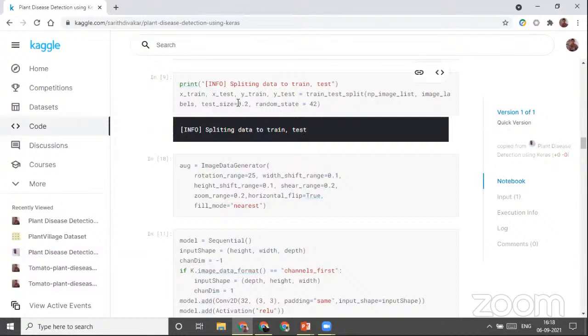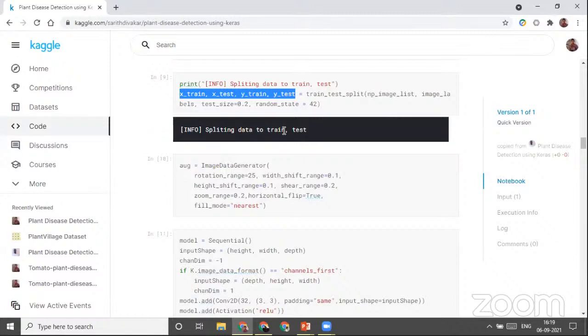Here you can specify the size of the train: 80% of the data is used for training, and 20% is used for testing. That's the way you do the splitting. Now you have X train, X test, Y train, and Y test. You'll be using X train and Y train: X train will be used to train, and Y train is your label.